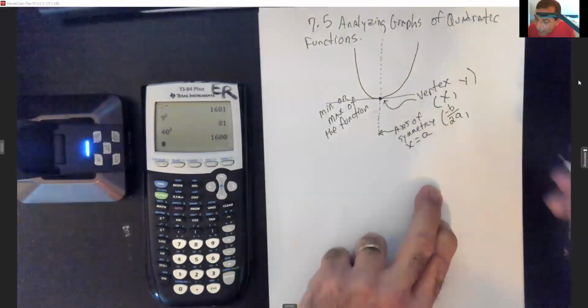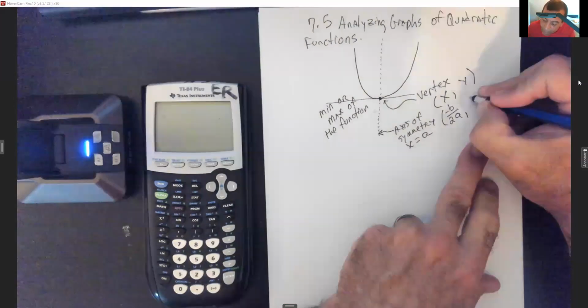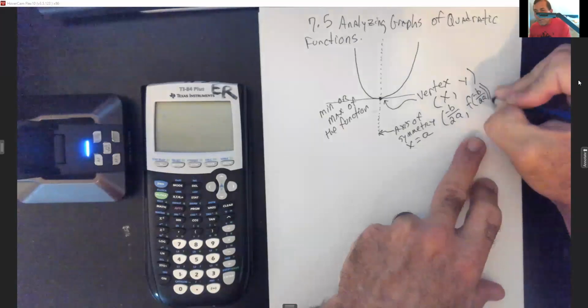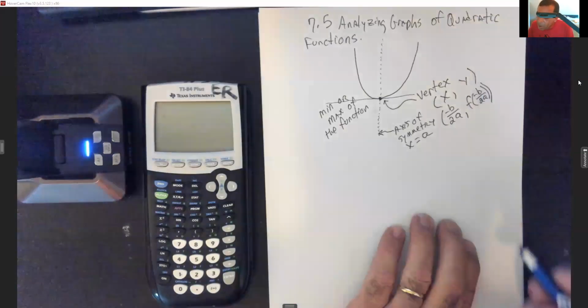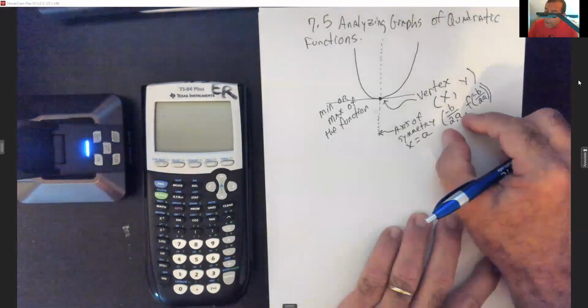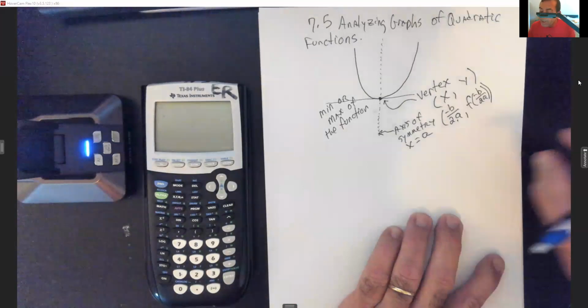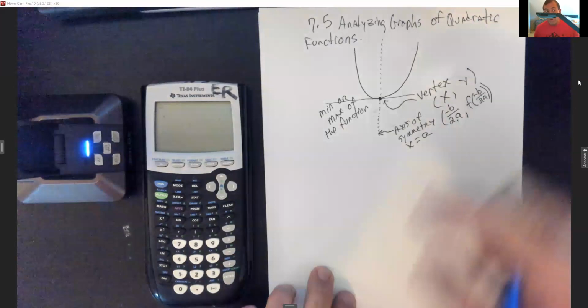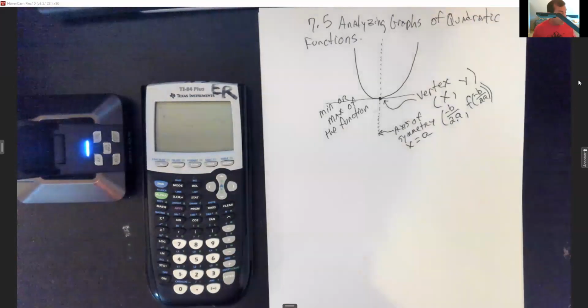To get the y coordinate, you find f of negative b over 2a. So all this means is use this formula to get the x value. Once you got that x value, plug it back into the function to get the y value. Same thing y'all really did when you plot anything with a table.